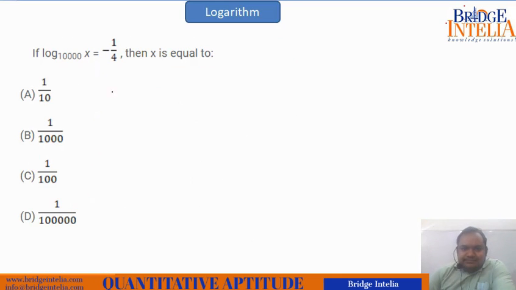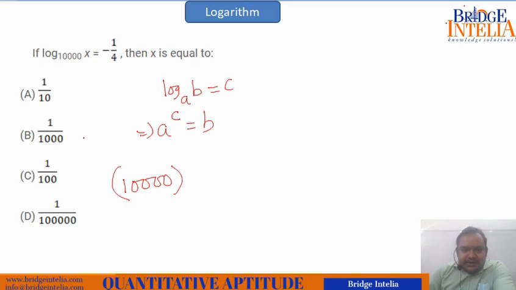Now this one, as I already told you that log b to the base a is equal to c simply indicates that a to the power c must be equal to b. So we'll apply the same rule here. So 10,000 raised to power minus 1 by 4 is equal to x.